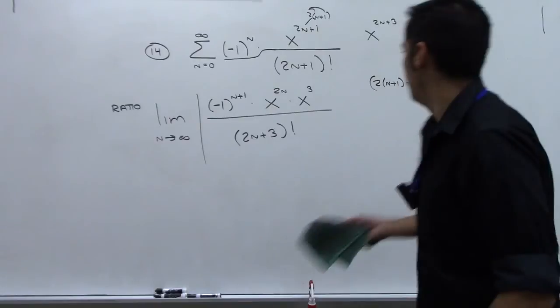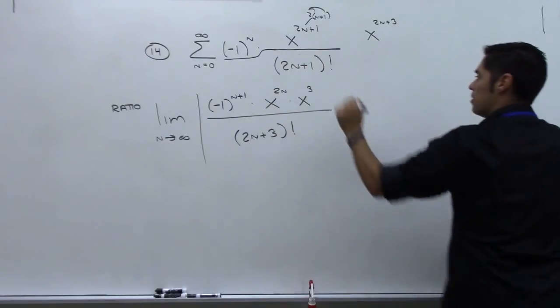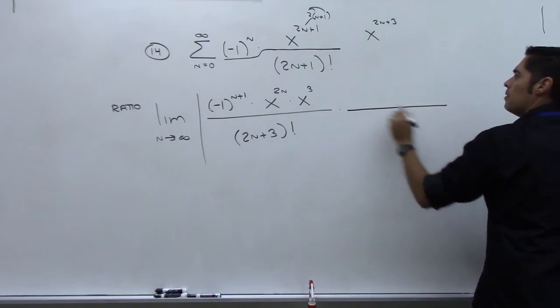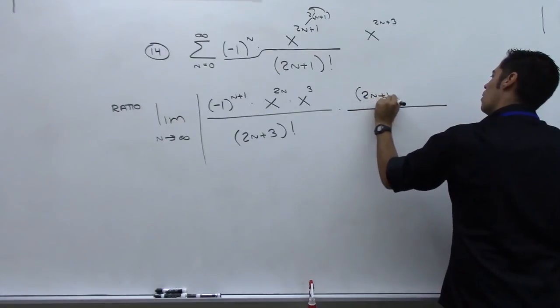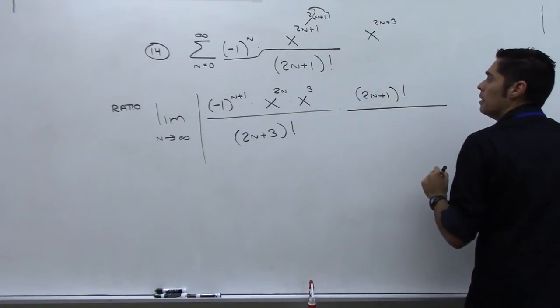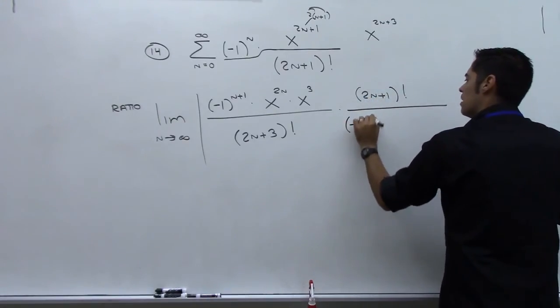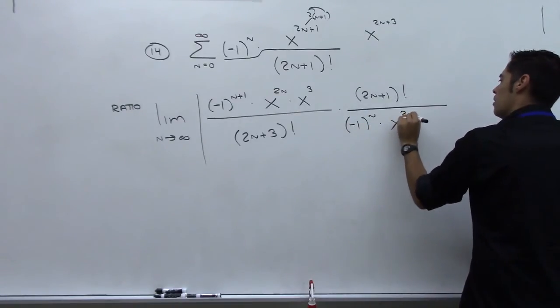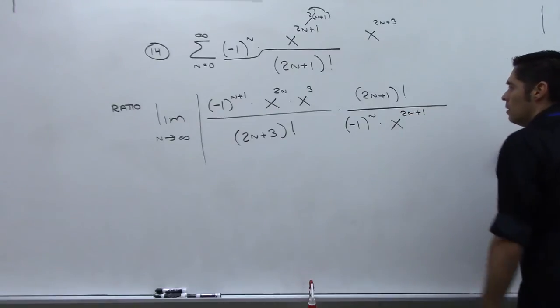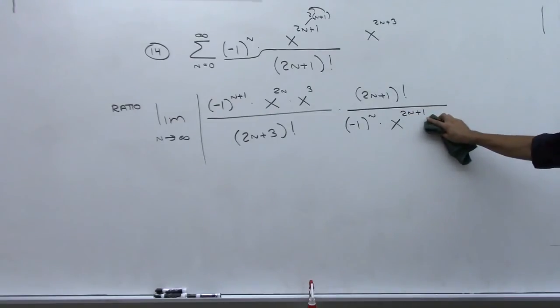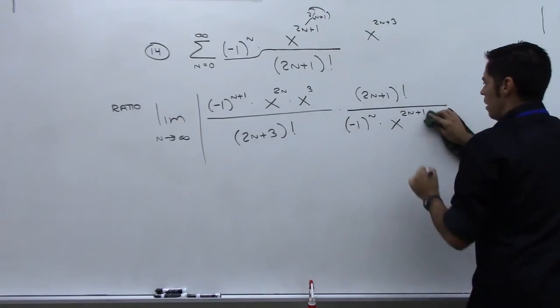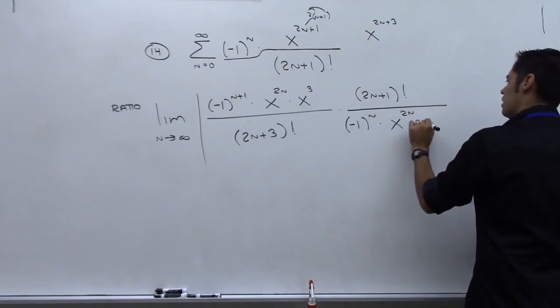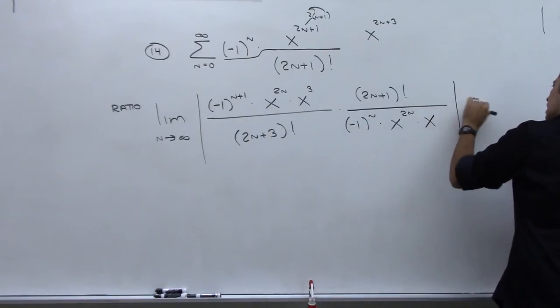And then you're going to multiply by that thing reciprocated. So 2n plus 1 factorial up here. On the bottom, negative 1 to the n. And then over here, x to the 2n plus 1, which I'm actually going to change because I want this to cancel. I'm going to change that to x to the 2n times x. Need that to be less than 1.